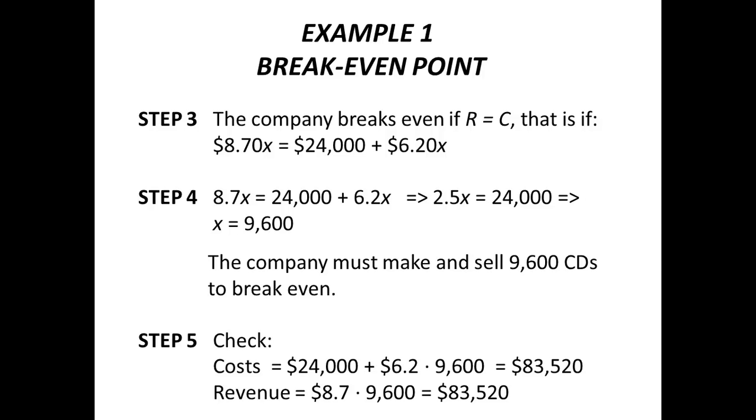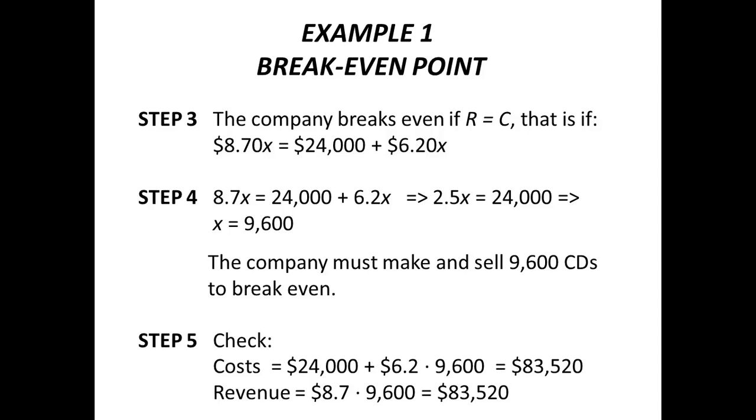The break-even problem results in setting R = C, that is, revenue equals costs, and we can see that 8.70x = 24,000 + 6.20x.